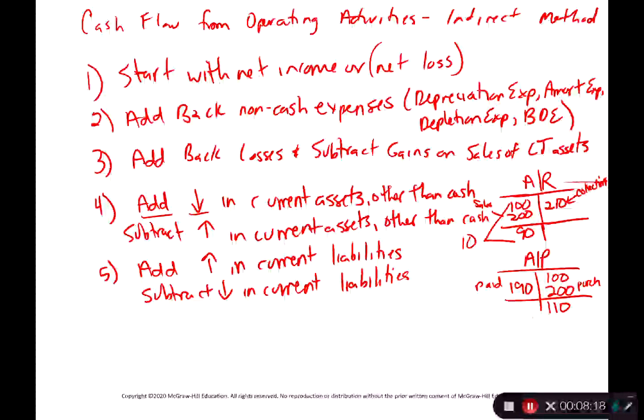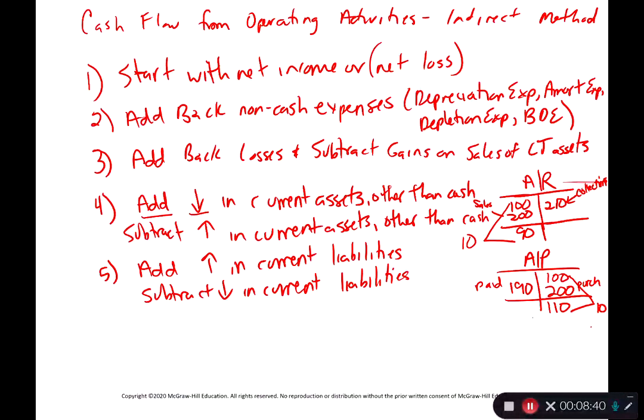We only paid 190. So to convert the net income effect showing the negative 200 from our purchases to the amount we actually paid of 190, that difference, 100 to 110 of 10, because it went up, has to be added. So the net income effect would be negative 200.